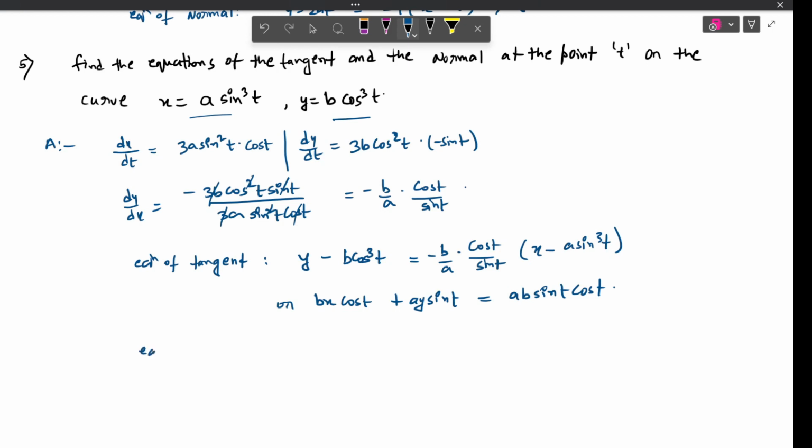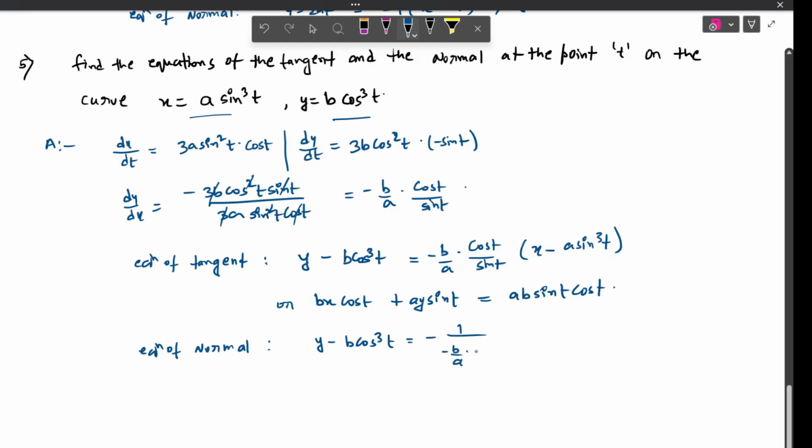What should be the equation of normal? Equation of normal should be y minus y1 equals minus 1 by m into x minus x1. M is minus b by a cos t by sin t.